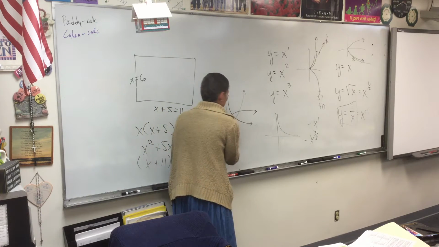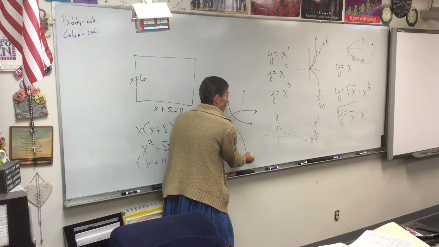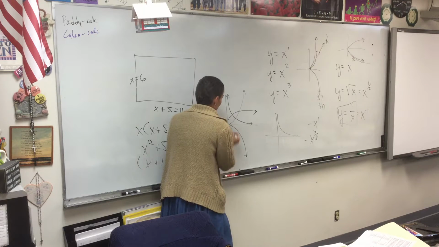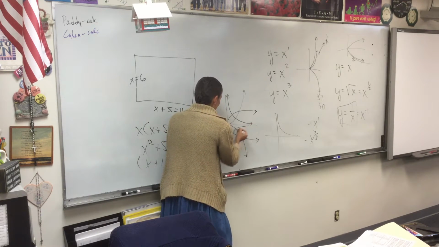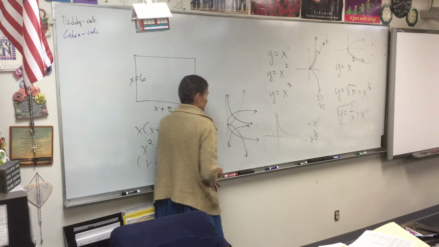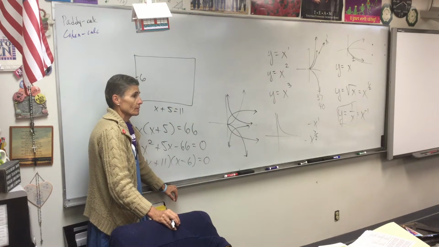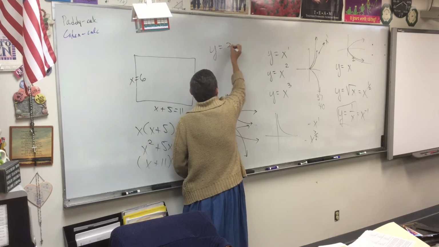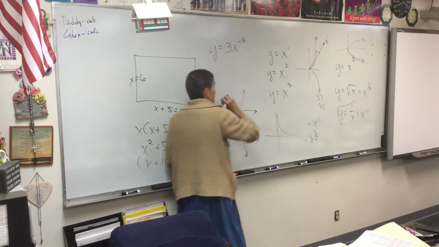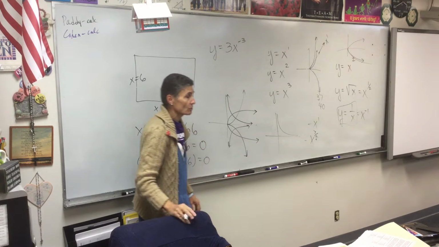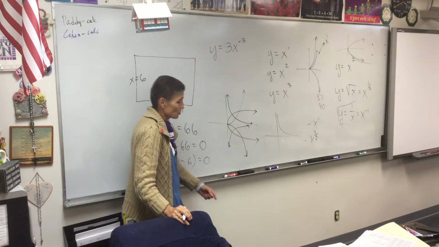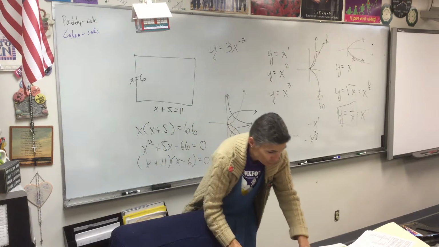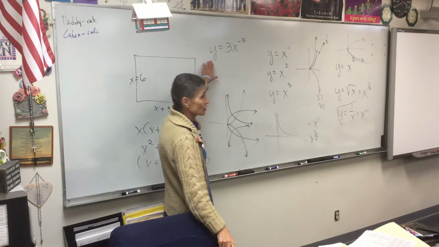Negative coefficients, same thing. Power bigger than 1, power less than 1, power negative. So if I gave you an equation like this and said match it to one of those graphs, which graph, A through H, would that equation go with?